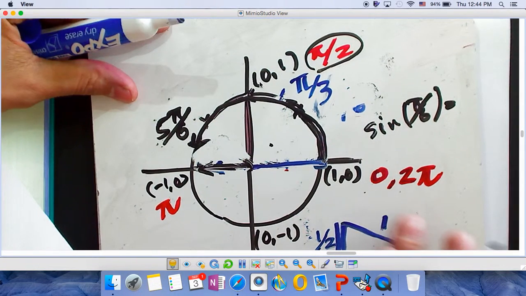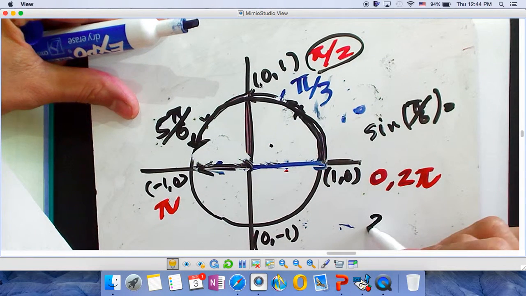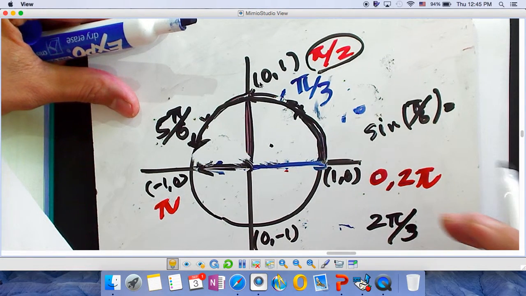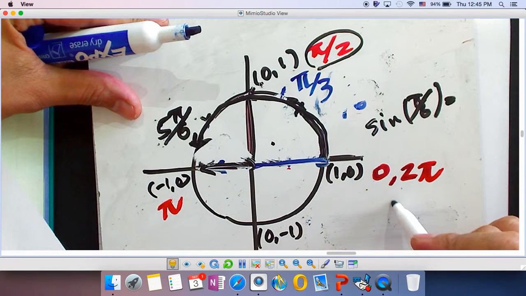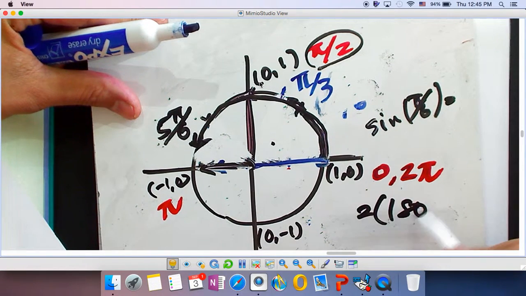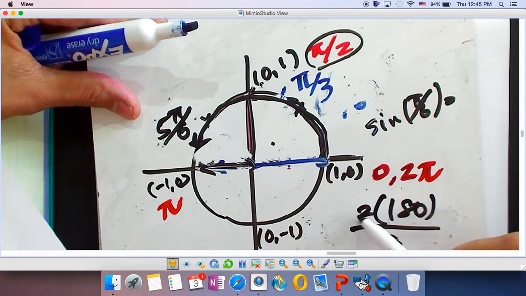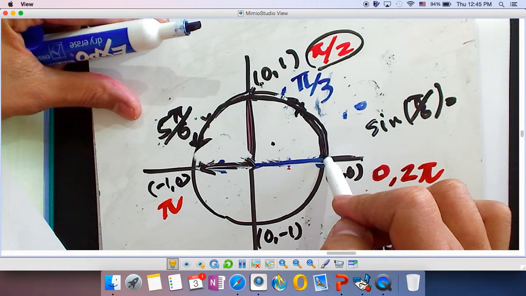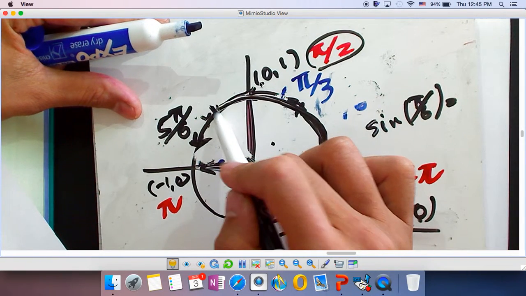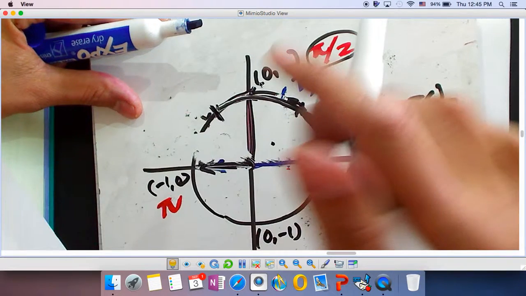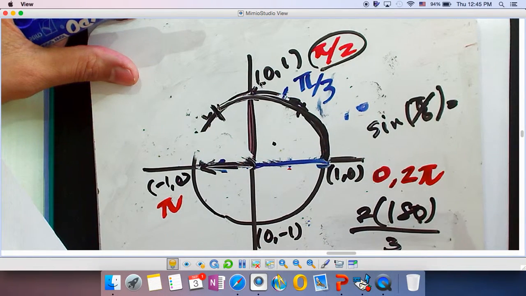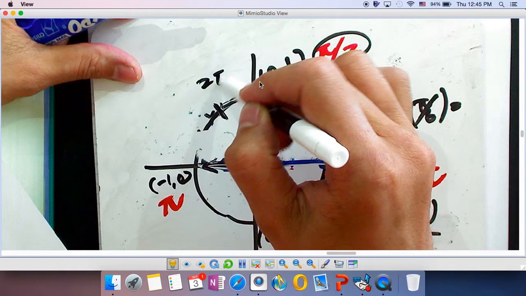So 2 pi over 3, and we know that pi is 180, so 2 pi over 3, that's 360 divided by 3, that's 120 degrees. So if you travel 120 degrees, that's 2 pi over 3.